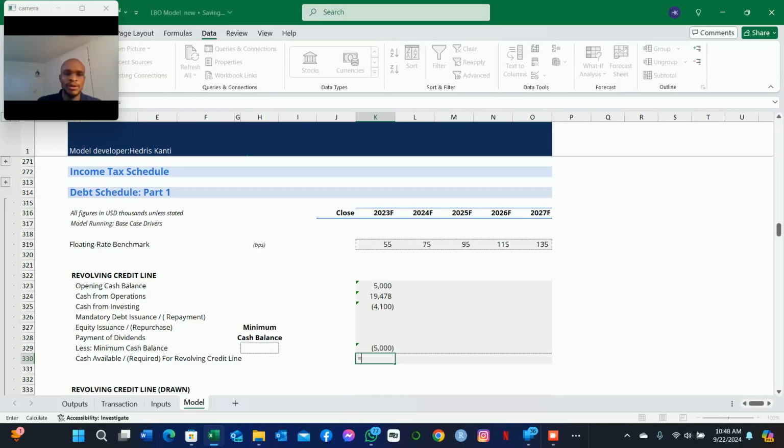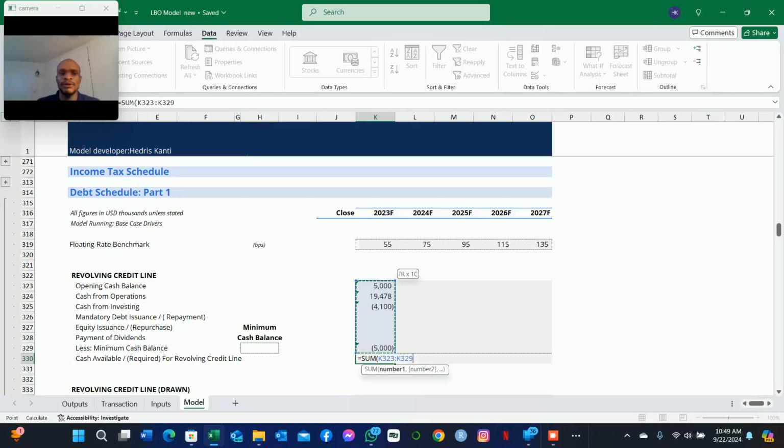So the cash available to pay down the revolver is going to be equal to, we will take the opening cash balance, and then we adjust it by adding the cash generated from the operations, and then we deduct cash used in investing activities and all the cash that will be used to pay down debt, that is the required repayments, and then any other cash that might impact the financing of these debt activities.